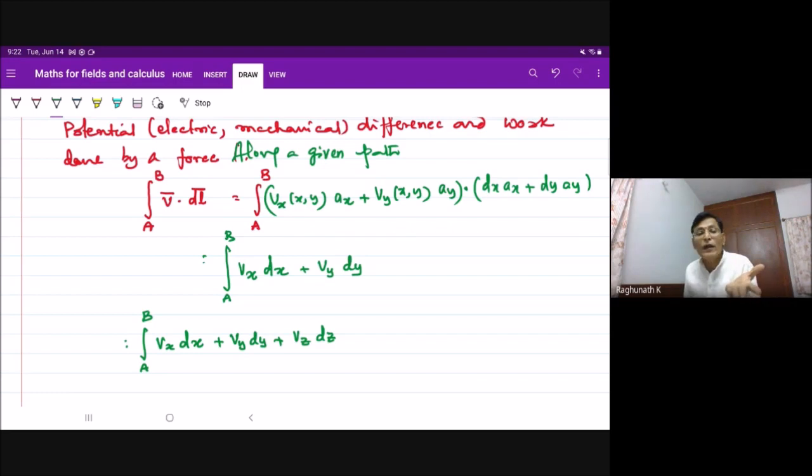Because of which my independent variable can only be one variable. And the limits are basically for that independent variable. Among these three, anything can be given as the independent variable, the remaining two are dependent. Only for that, we will put the limits. Wherever x is there, I will put f of y. Wherever y is there, f of x I will put. Wherever z is there, g of x I will put.